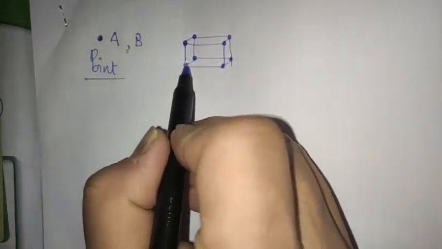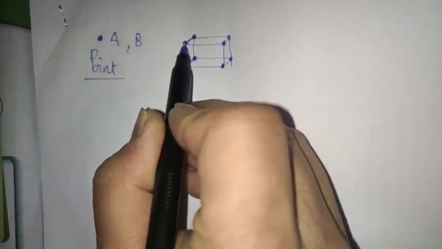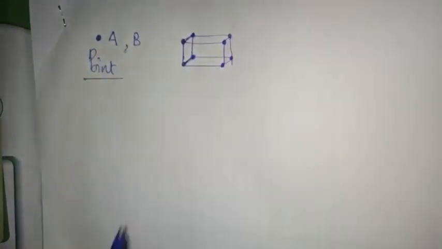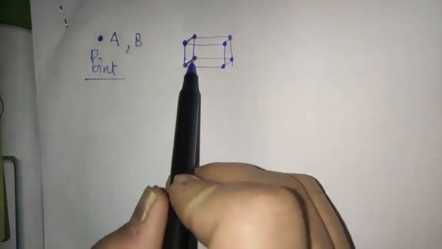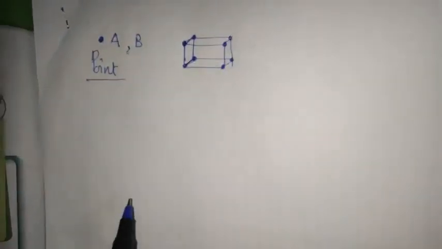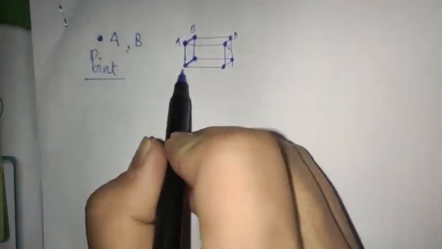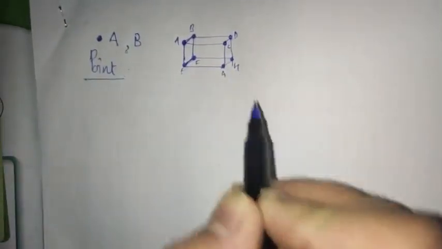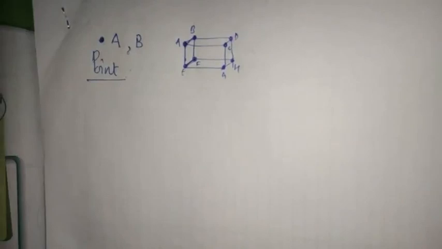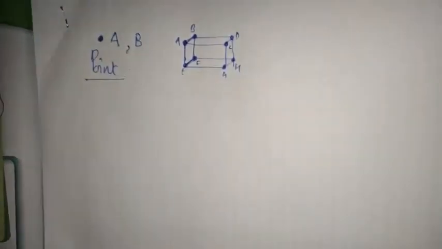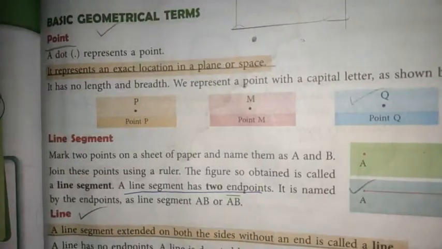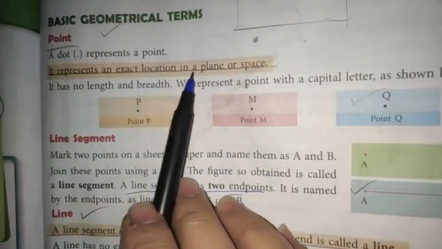If you join these dots, how many dots are there? 1, 2, 3, 4, 5, 6, 7, 8 dots are there which made the cuboid, isn't it? You can give the names A, B, C, D, E, F, G, H. So this is called the dot or point.